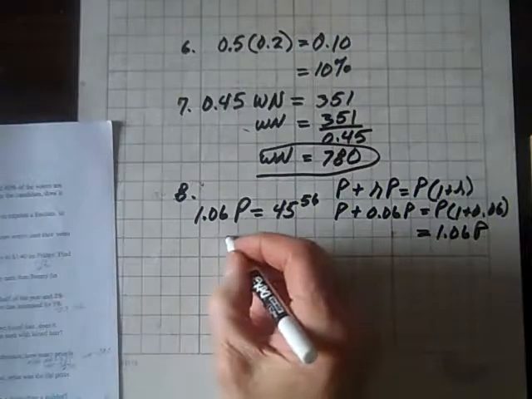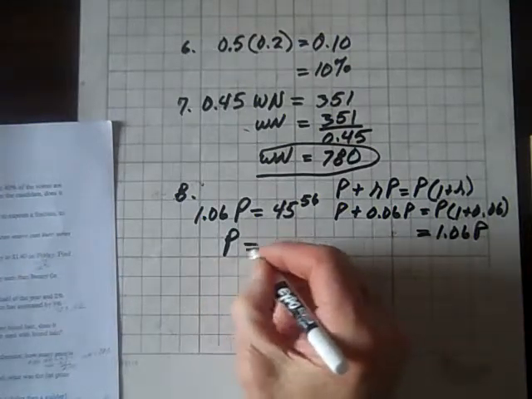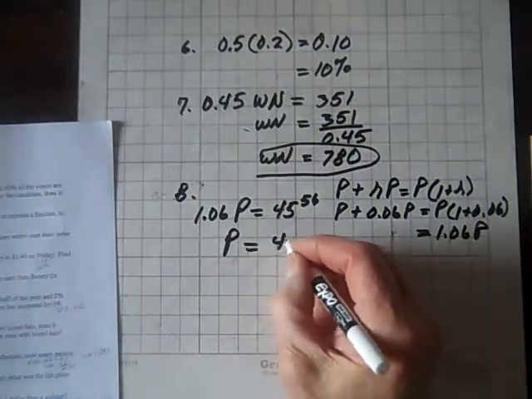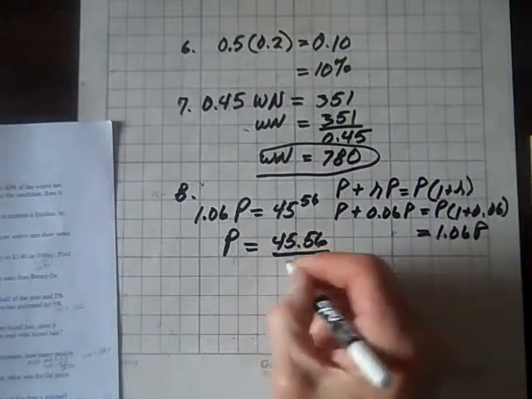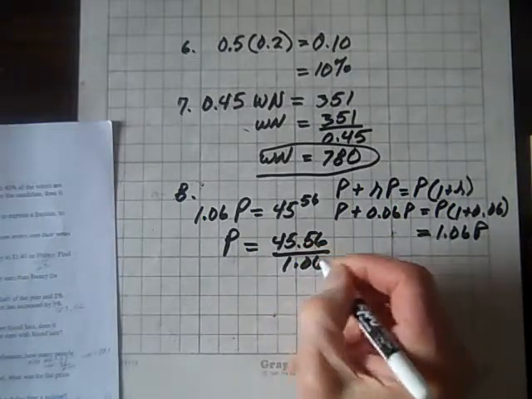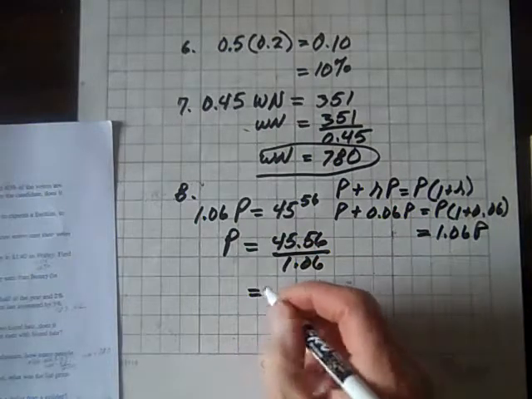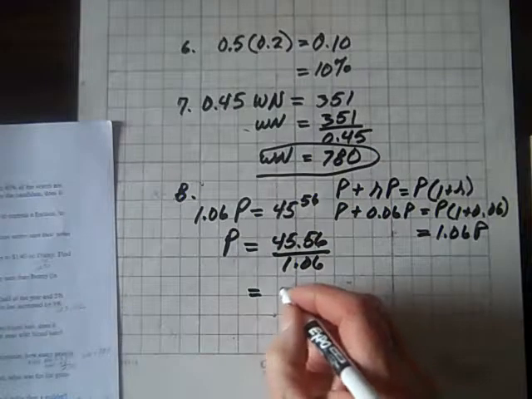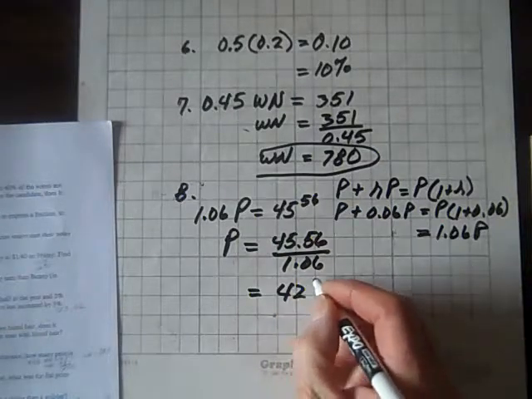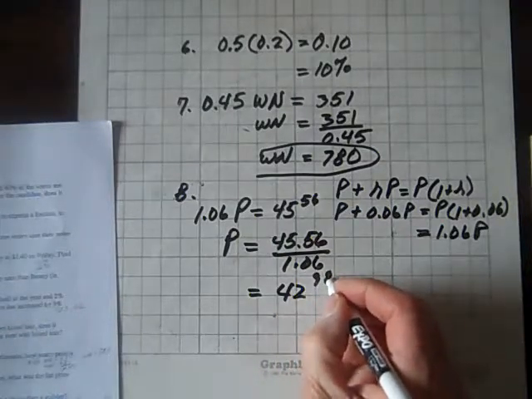So now if we divide both sides by 1.06, we get 45.56 divided by 1.06, and that price is $42.98.